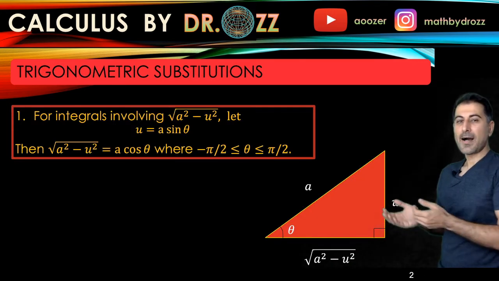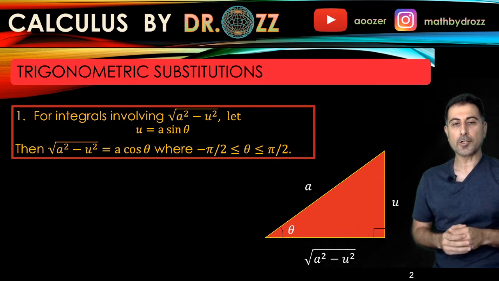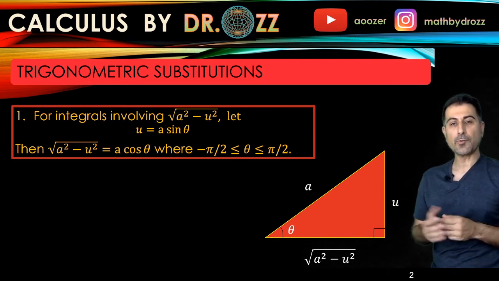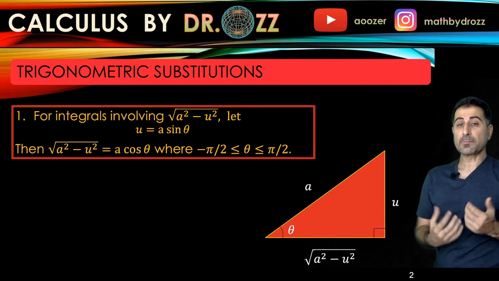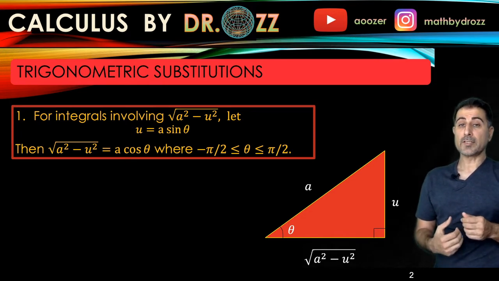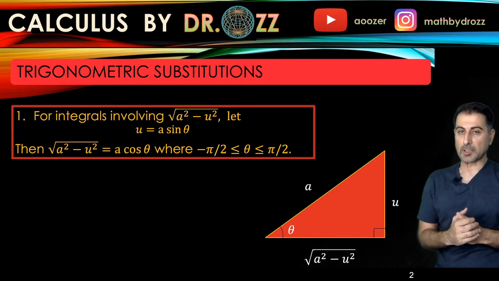So here we go. I have integrals, let's say, involving the term radical a squared minus u squared. When you see this type of expression in an integrand, you're going to call u equals a sine theta. This is a u substitution, but it's a trig substitution.